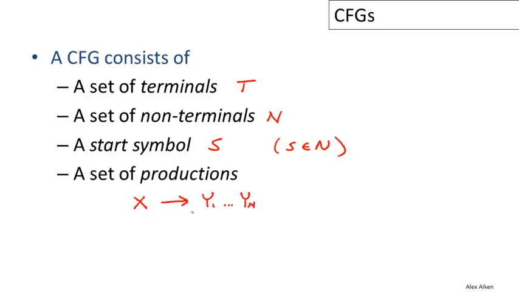And there are certain rules about these symbols. The X on the left-hand side of the arrow has to be a non-terminal. That's what it means to be on the left-hand side. So the set of things on the left-hand sides of productions are exactly the non-terminals. And then on the right-hand side, every Yi can be either a non-terminal, or a terminal, or the special symbol epsilon.